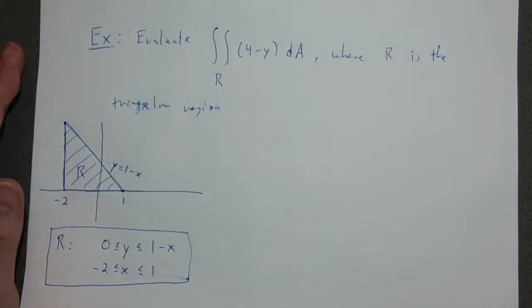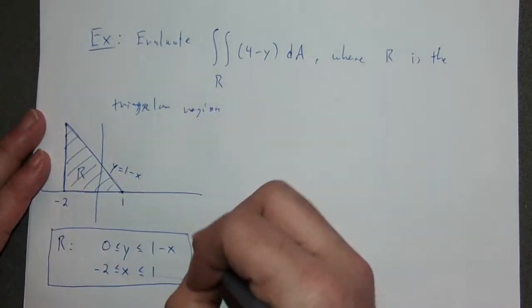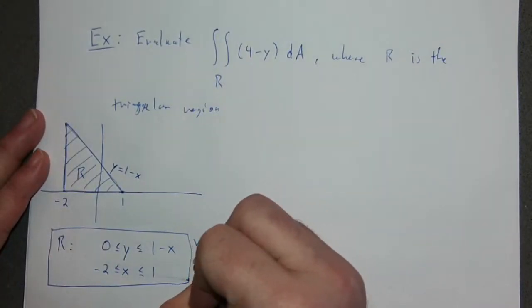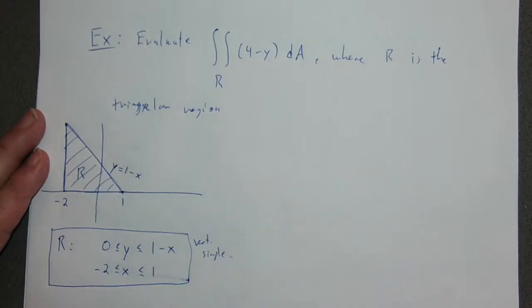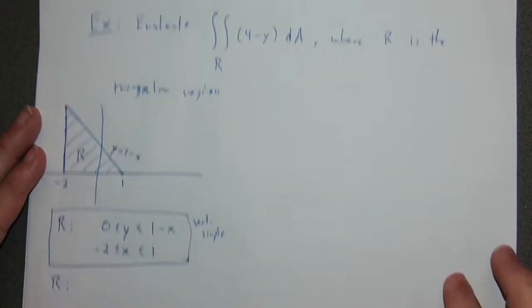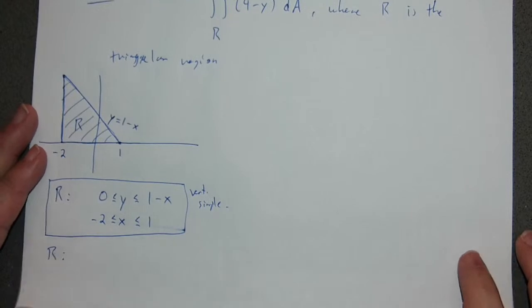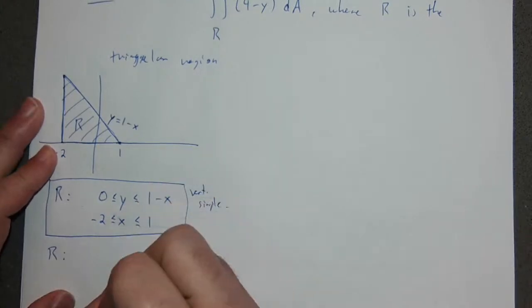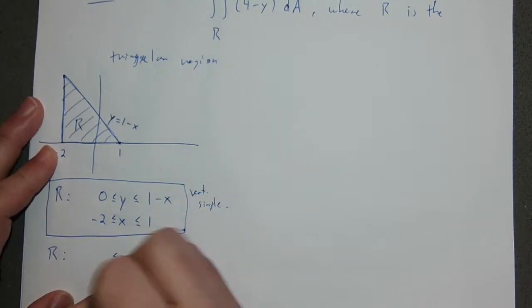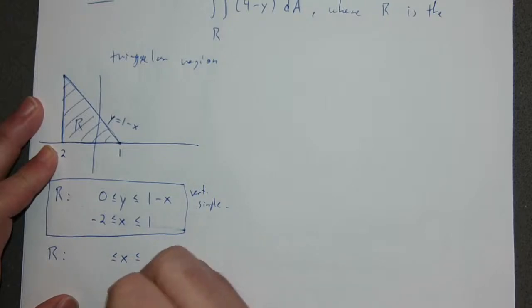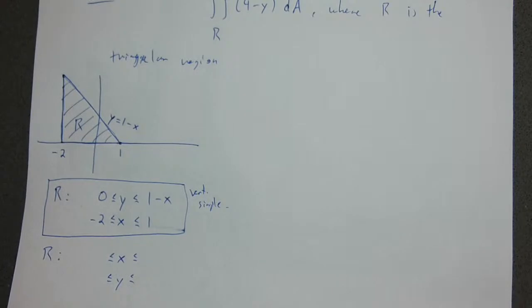Okay. So, maybe I can go ahead and do that, right? So let's write it as a horizontally simple region. So this is written as a vertically simple region. What if I wanted to describe the exact same region R as a horizontally simple region? So I need to find bounding functions on x and then an interval that y lives between to describe this region.